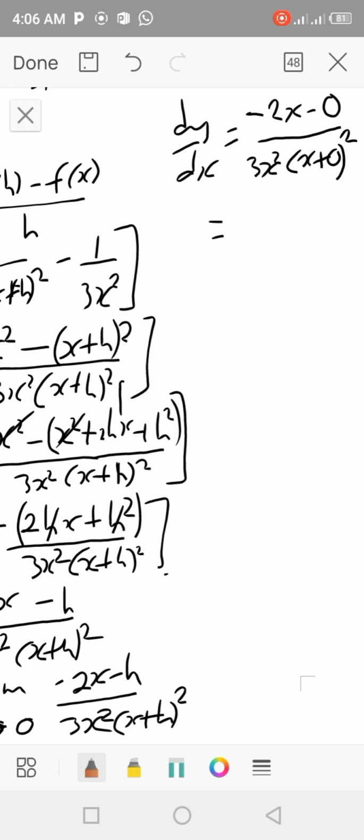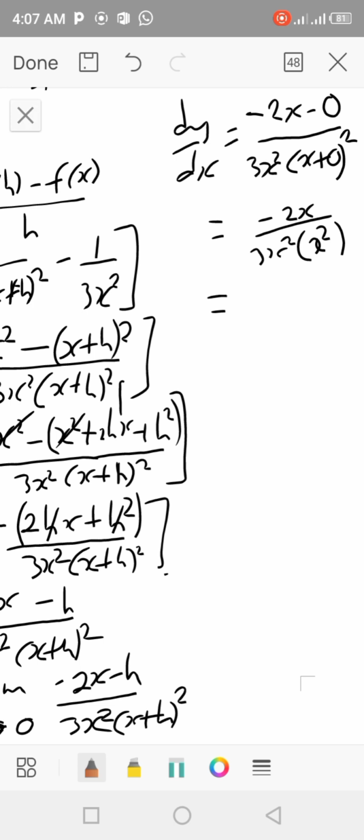So here we have minus 2x over 3x squared times x squared, because x plus 0 is x, then raised to power 2.